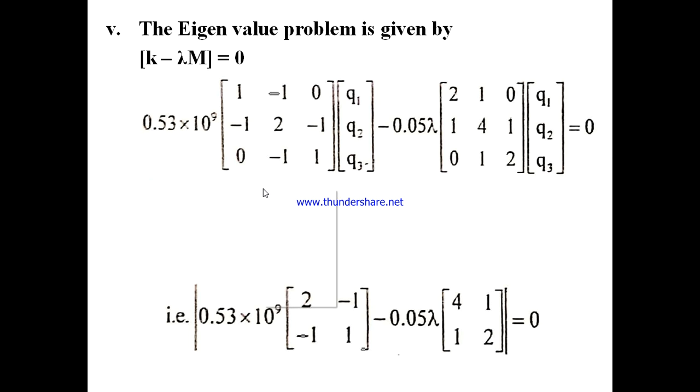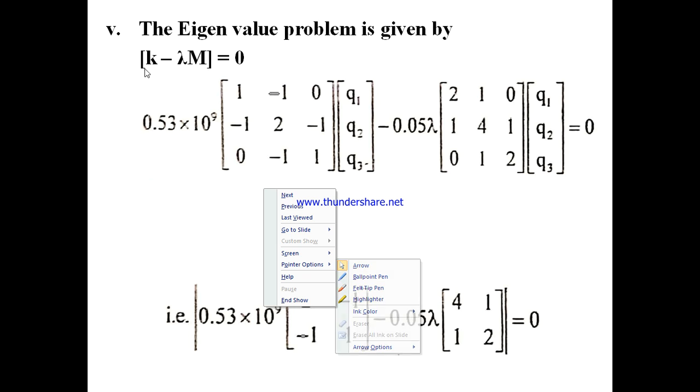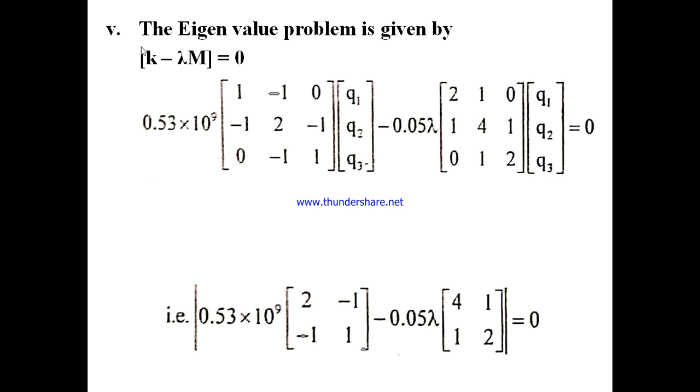So this is the equation what I need to find here. K minus lambda M is equal to 0, where K is the stiffness of the particular component, whether it's a bar component or a truss component or a beam component, and M is the consistent mass matrix.